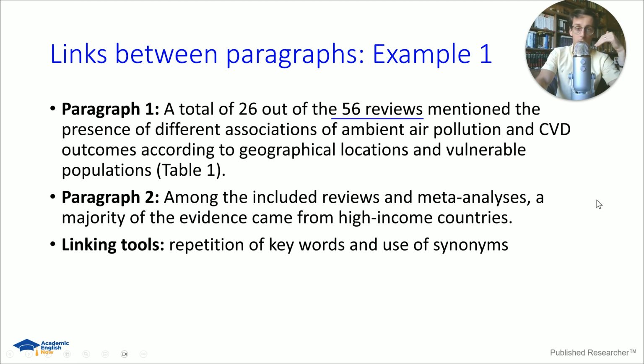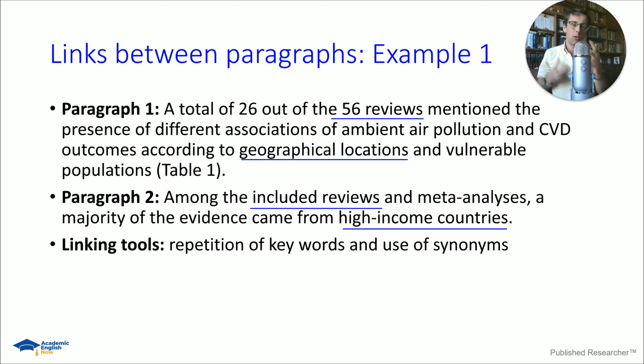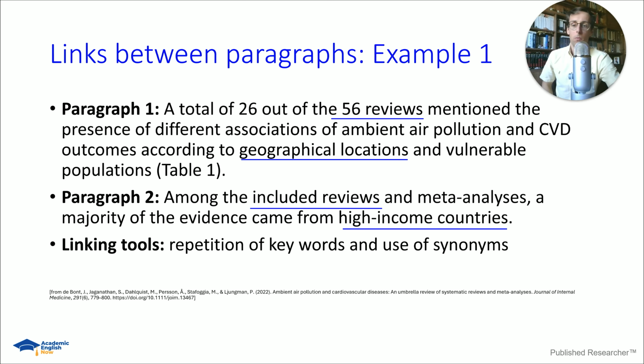More specifically, in paragraph 1, they talk about reviews and geographical locations. At the beginning of paragraph 2, they talk about included reviews, so there's repetition of the keyword, and then high-income countries. And countries are really kind of a synonym for a geographical location, or a type of geographical location, okay? And that's how the two paragraphs are cemented together, and there is coherent flow.